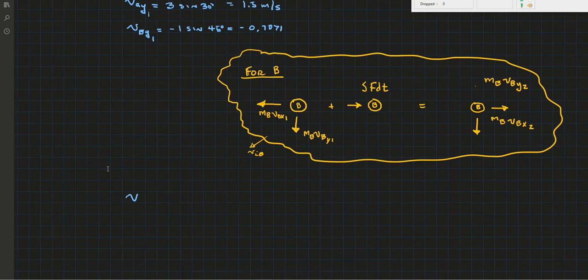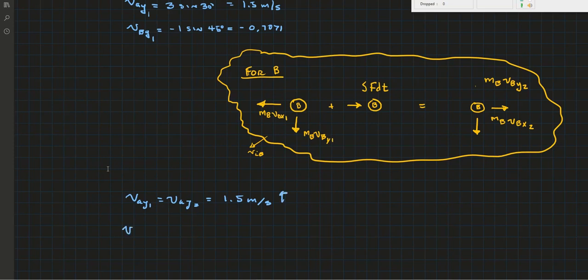So our velocity of A initial equals our velocity of A final equals 1.5 meters per second heading up.